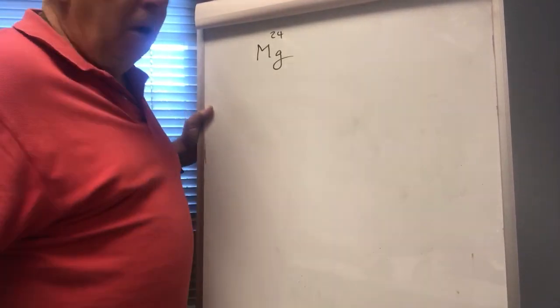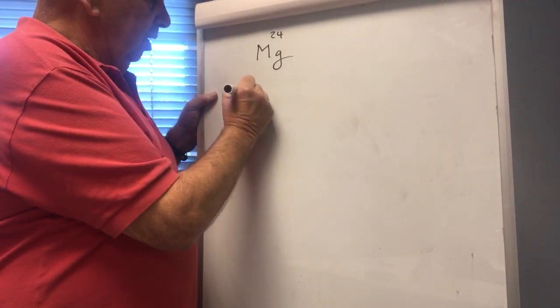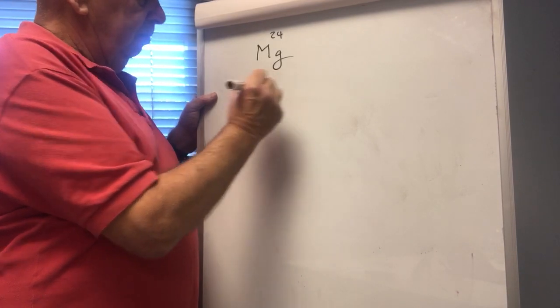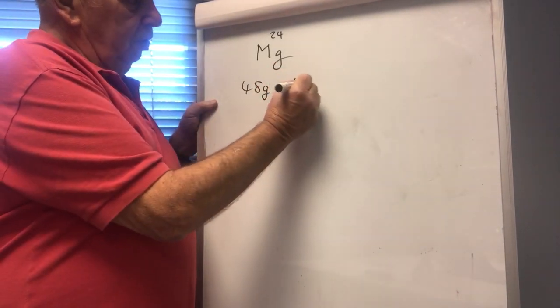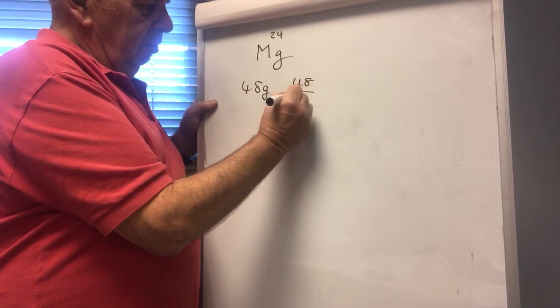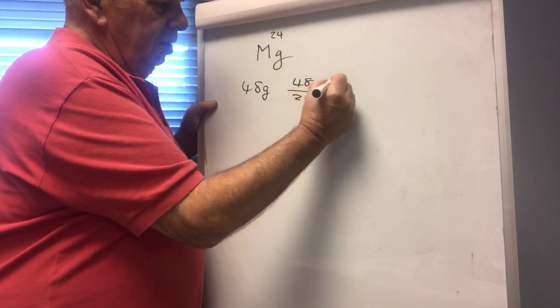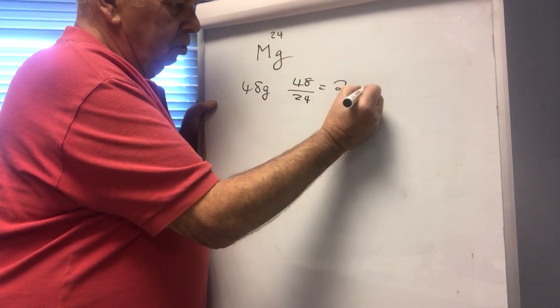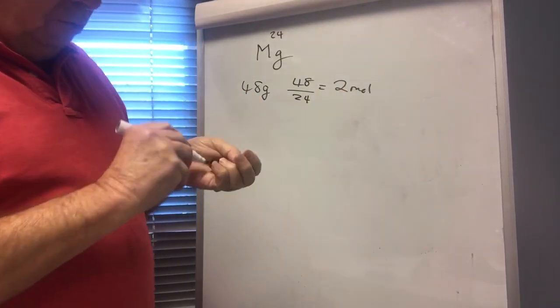How many moles is 48 grams? Well, 48 divided by 24 is 2 moles.